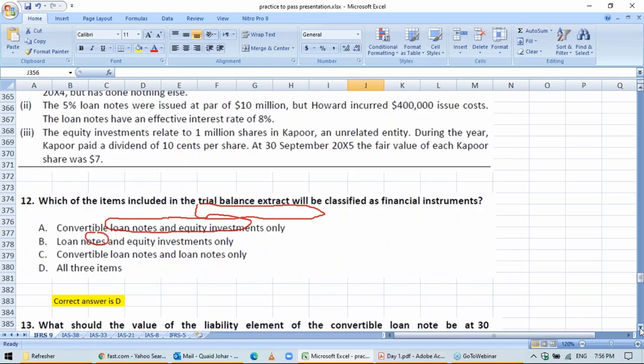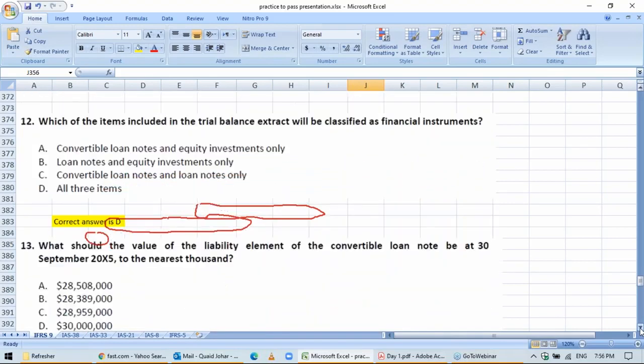They have not made any irrevocable election. Therefore, the financial asset is being carried at fair value through profit and loss account. So all gains, all capital appreciations are going to the profit and loss account. And what about the dividends? Dividends also will be recognized in the profit and loss account. So please do not forget to record dividend as well as an income in the profit and loss account. If you forget, your answer gets wrong.